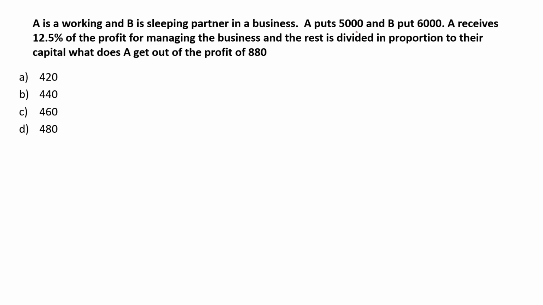Just take the ratio as 5:6, and distribute the total profit according to the ratio of their investments. That means when the value of 11 units is 880, then the value of 1 unit is 80 rupees, so A would get 400 and B would get 480 rupees.